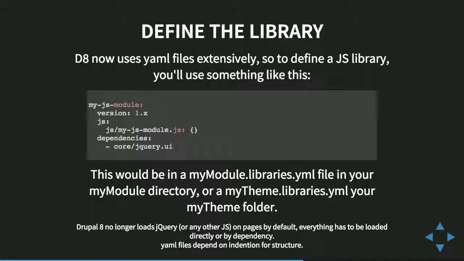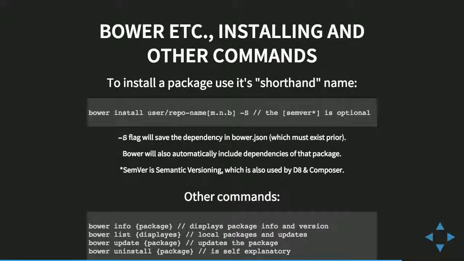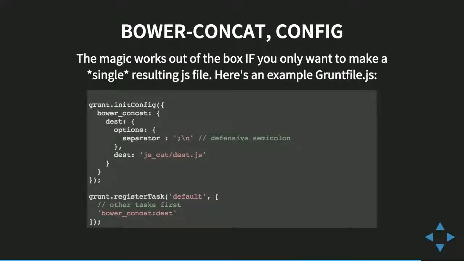How would you? Well, if you're using 7, you could create one JavaScript module that has a requirement of the three modules you need in one section, and another module would have a requirement of two or three other JavaScript modules for a different section, and then you might have a third that goes across the site.